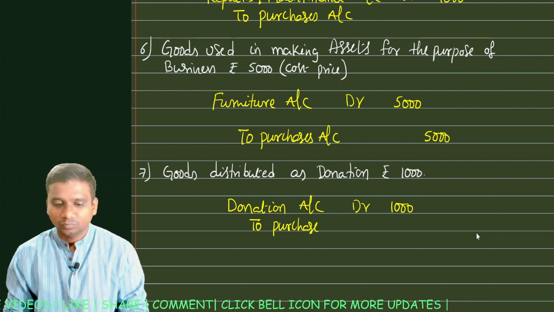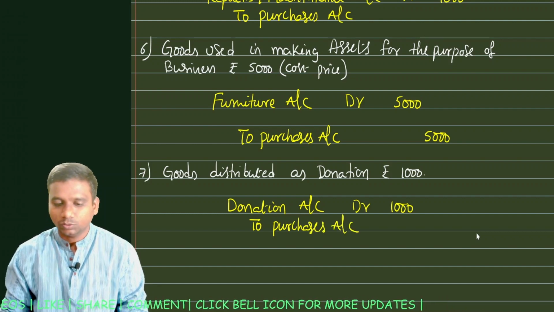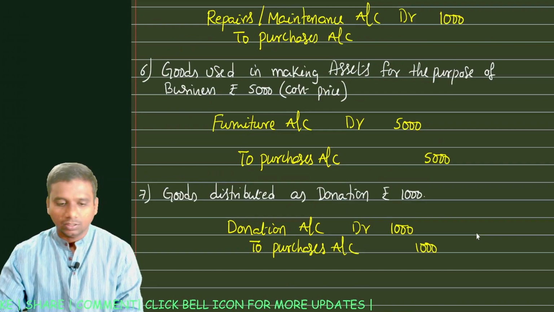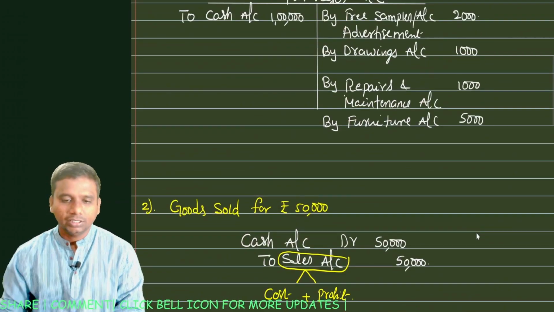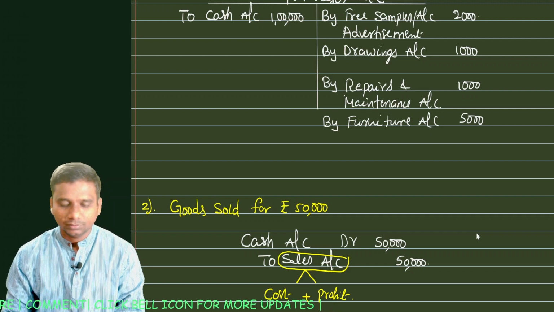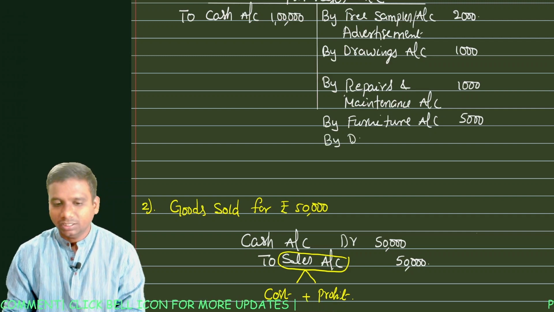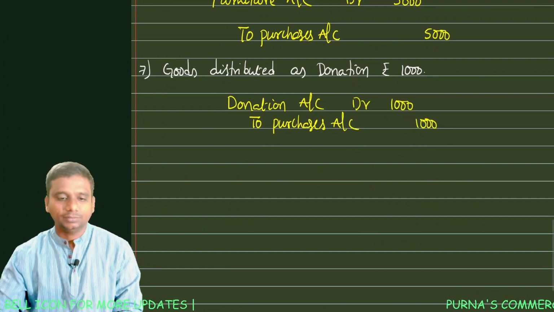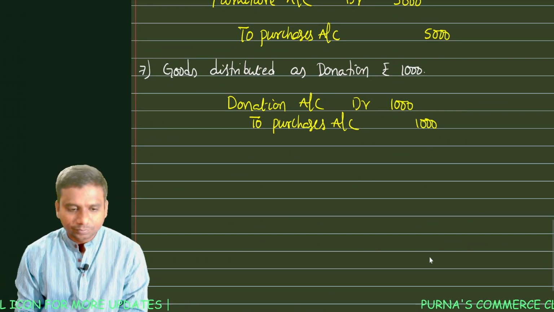Simply purchases account 1000. Right. Now credit into purchases account, by donation 1000. Yes or no? Next step. Not completed. Look at it.